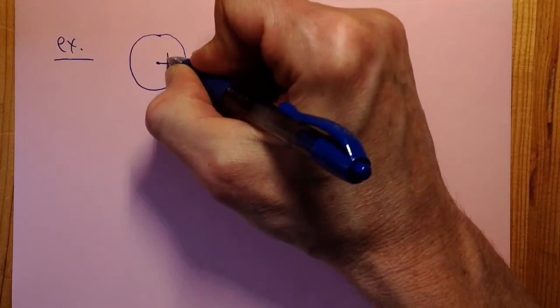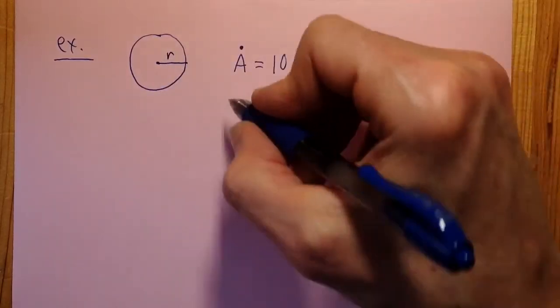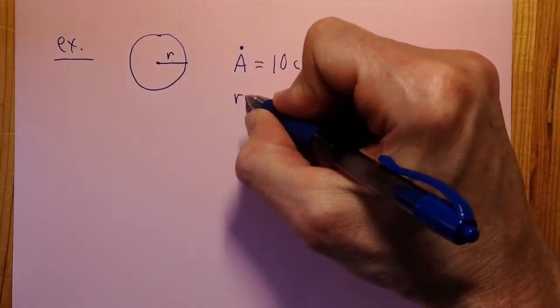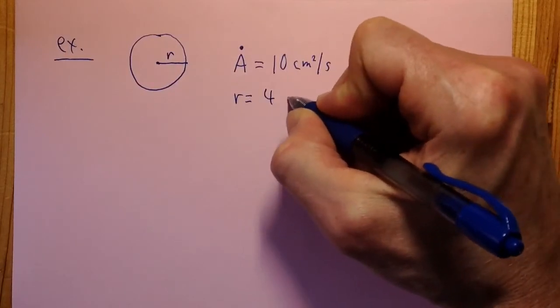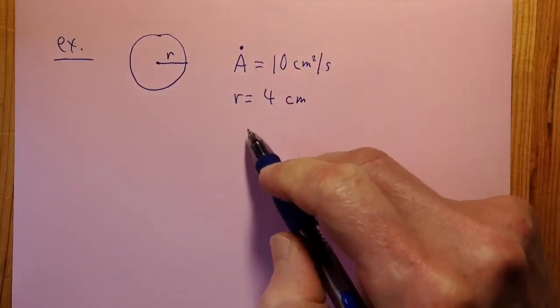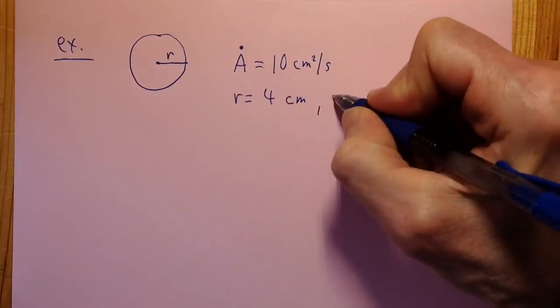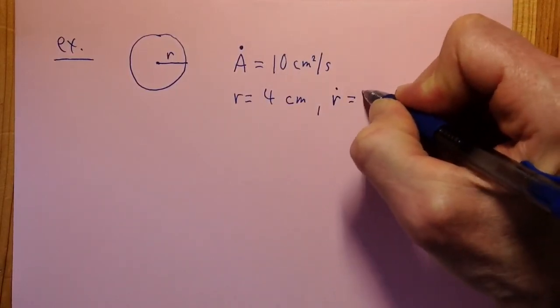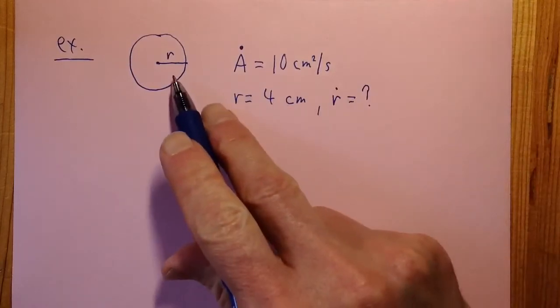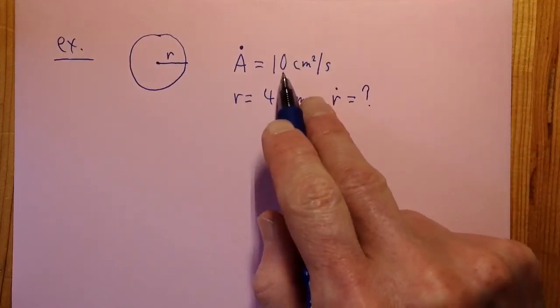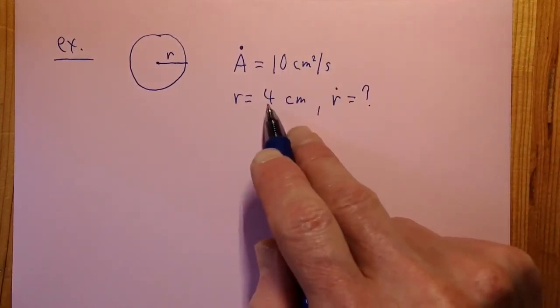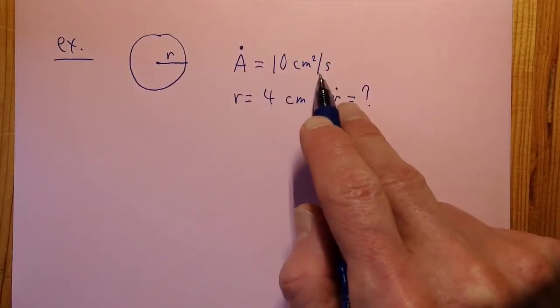So here's our radius. So let's say we want to know what r dot is when the radius is 4 centimeters. When the radius is 4 centimeters, A dot is always 10. When the radius is 4, how fast is the radius increasing? So what is r dot? How fast is the radius of the circle getting bigger when the radius is 4 centimeters? And the area is always increasing by 10.